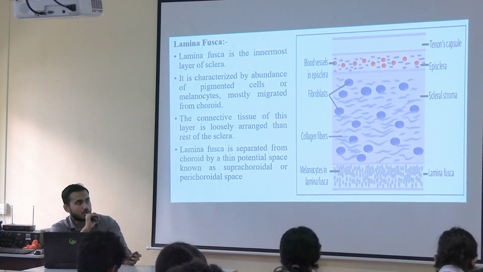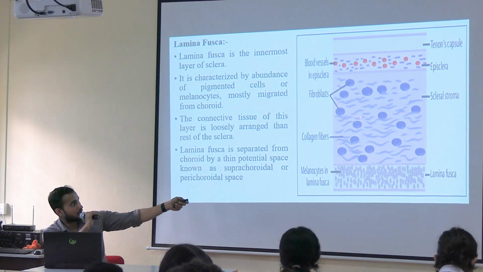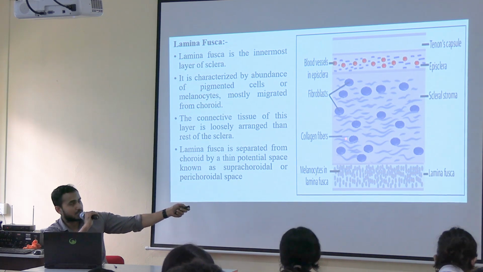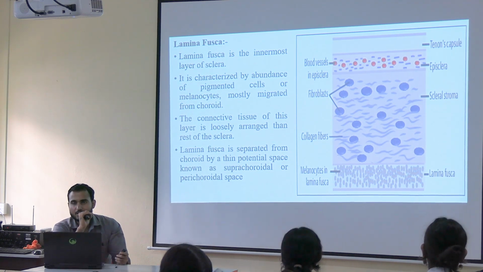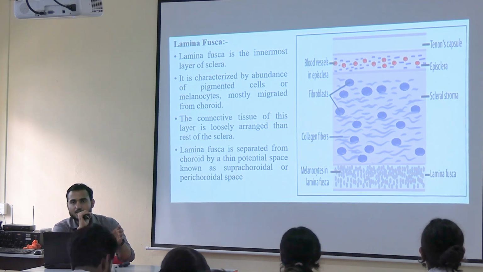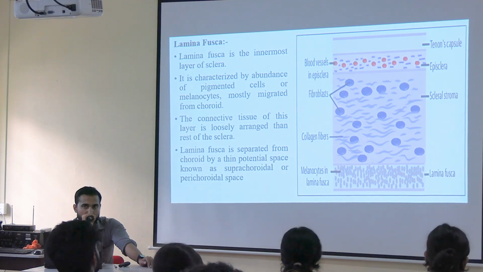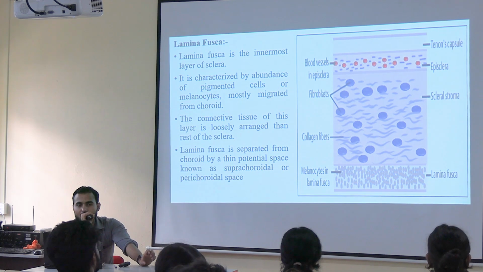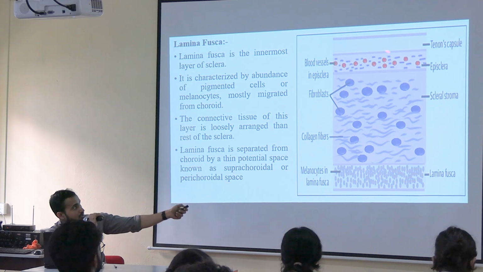Deep to that, this particular part is called the Sclera Proper or scleral stroma. Most of the thickness of the sclera is formed by this layer. What is present in it? Collagen fibers, bundles of collagen fibers, and along with that, proteoglycans and glycoproteins. The bundles of collagen fibers are not arranged properly, they are irregularly arranged, and along with that you can see the fibroblasts also.